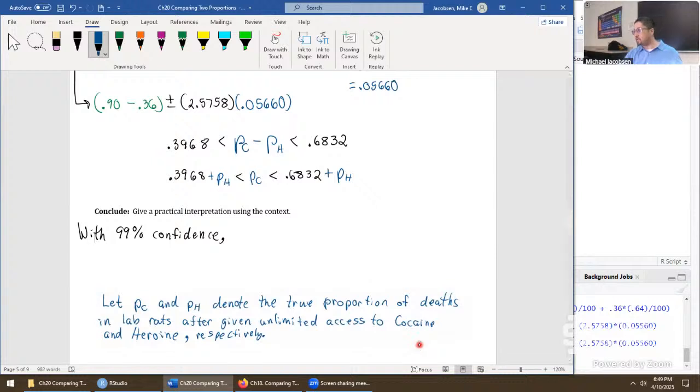So I'll say that part. The true proportion of deaths in lab rats given, let's just say, unlimited cocaine to shorten that up a bit.